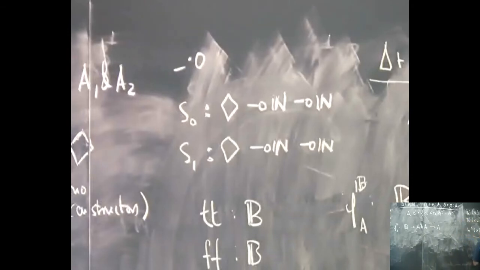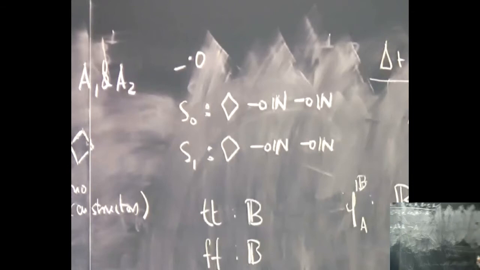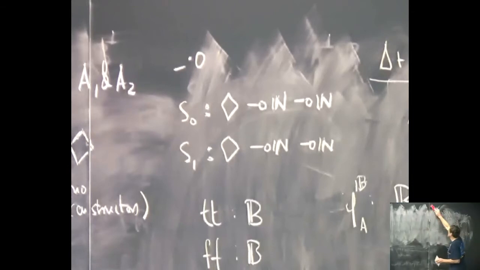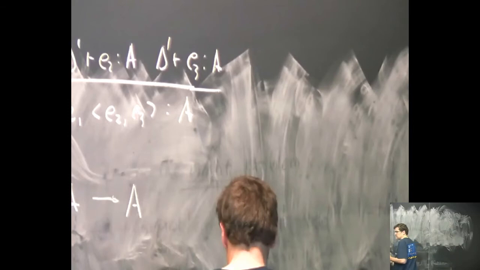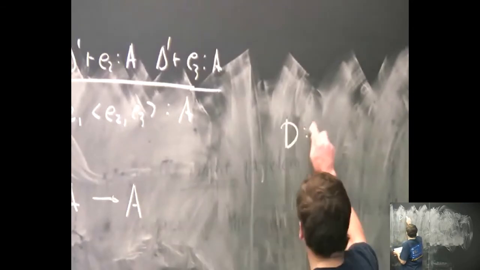A couple of years ago, I actually wrote some programs in this language just to see what it would be like. And you need to do this all the time. You need to take some D, some data type. A data type D is some kind of refinement of the possible spaces of all types.